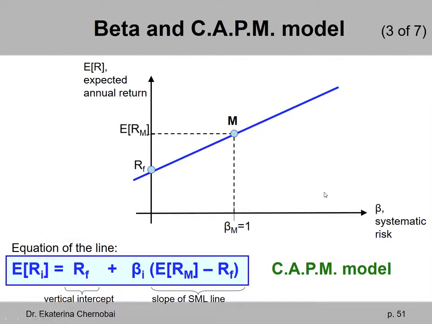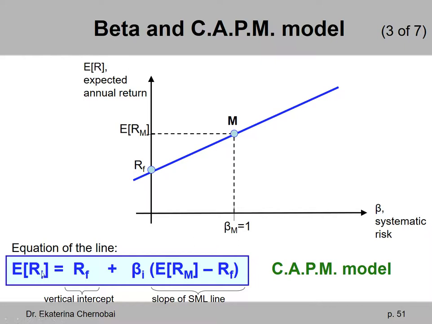Okay, now let's talk about some math. So this is the equation for this CAPM model. How do we calculate the expected return on any stock?